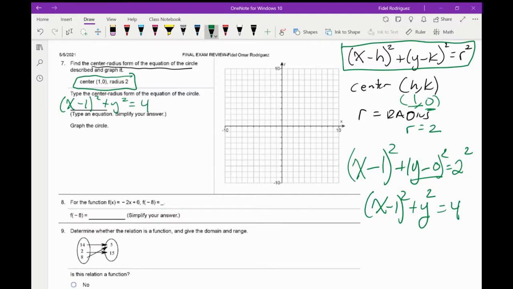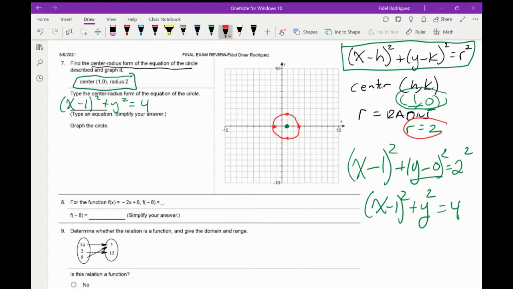Then it wants me to graph it. The first thing I'm going to do is go to the center of the circle, which is (1, 0). So (1, 0) is going to be this point right here. Because the radius of the circle is 2, I'm going to go 2 spaces to the right, 2 spaces to the left, 2 spaces up, 2 spaces down, and I'll draw my circle like that.